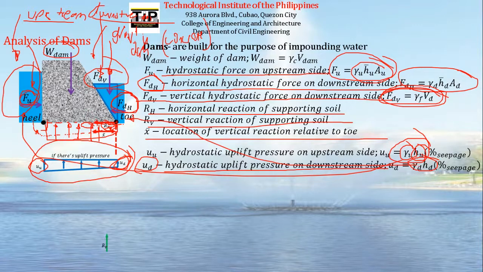The height A sub U is the height from the surface down to the heel, and A sub D is the height from the surface to the toe. So how many forces are there so far? 1, 2, 3, 4, 5, 6.